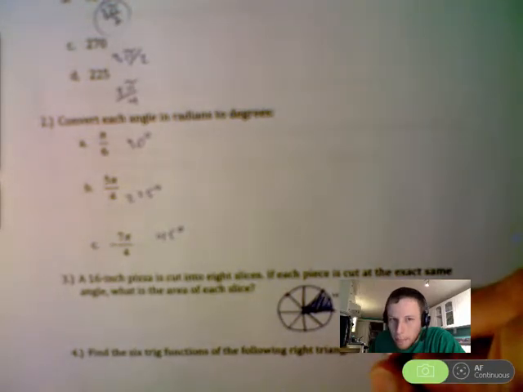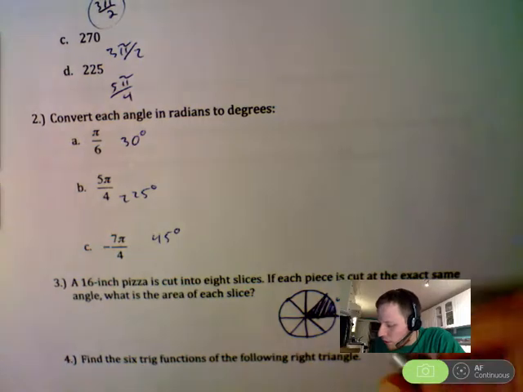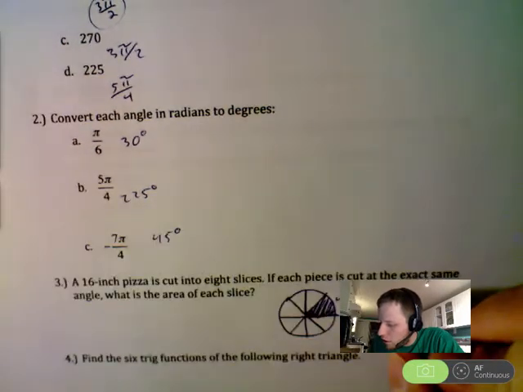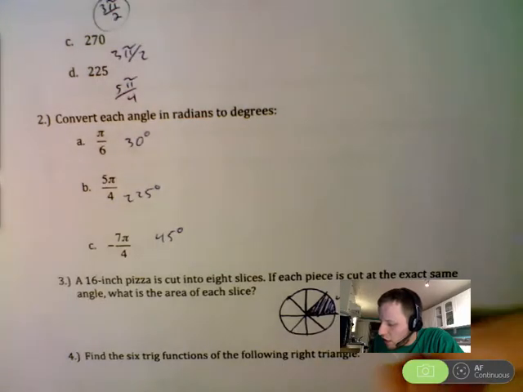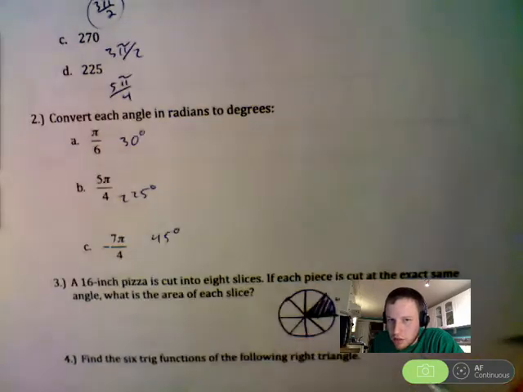The first way is probably a little bit simpler. Basically you have your area of the circle, which is pi times the radius squared. Okay. Then you divide it by how many equal slices there are, which is 8.